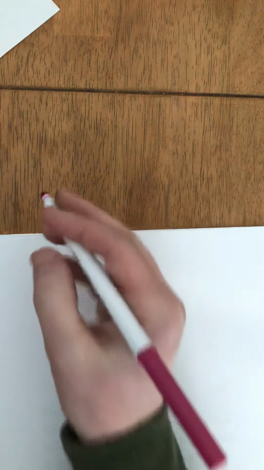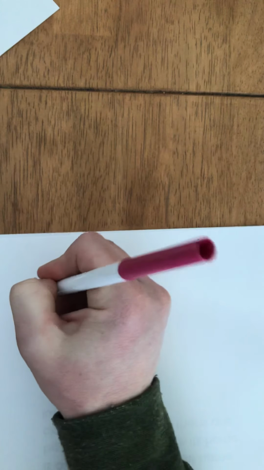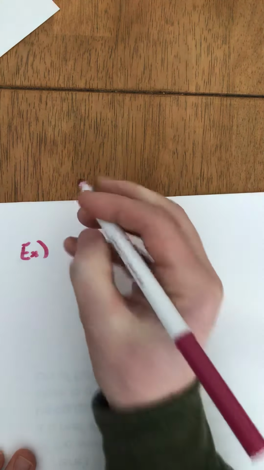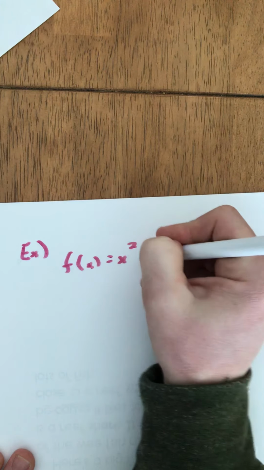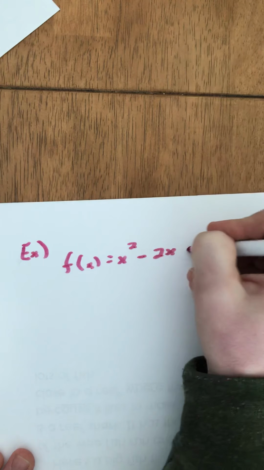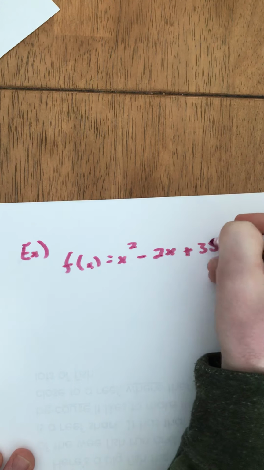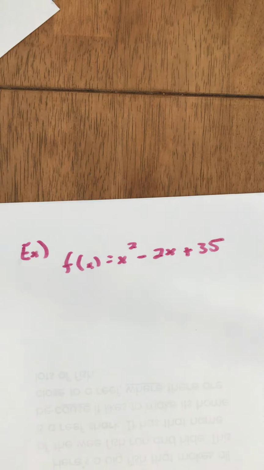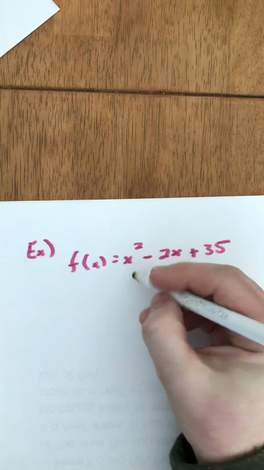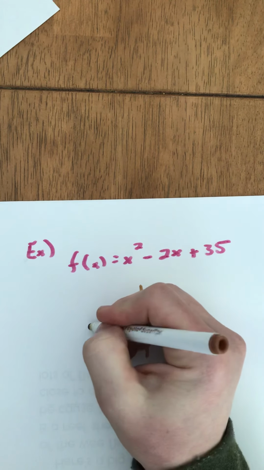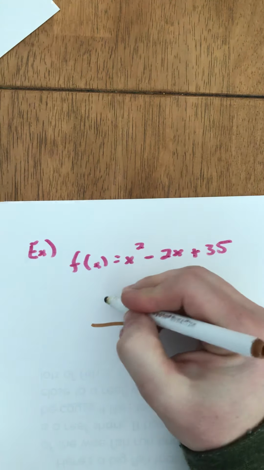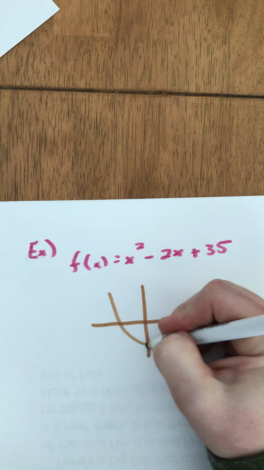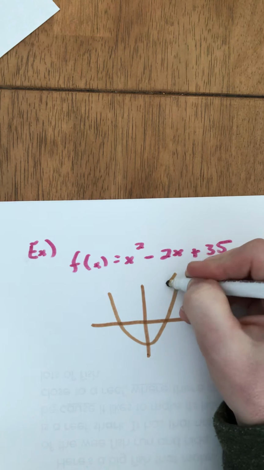So let's check out one more example here. This is our function, we'll do f of x equals x squared minus 2x plus 35. Now, if we went to graph this in our calculator, I'm not sure exactly what it's going to look like, but it's going to look something like this.